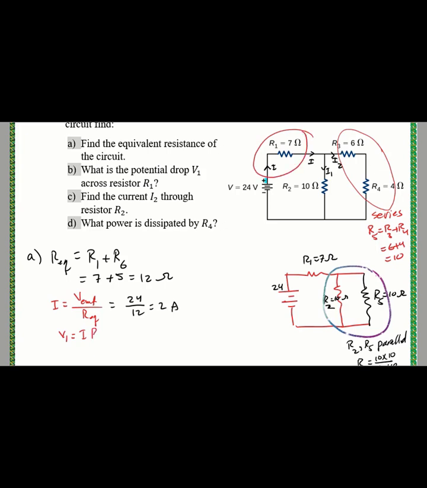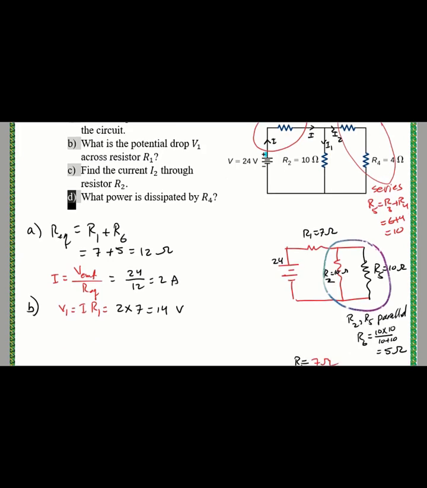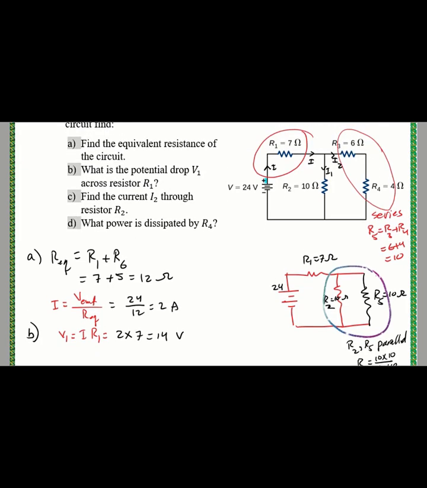I is 2, times R1 which is 7, so it is 14. Note that this is part B. Now how can I find the current I2? Put names here: A, B, C, D, E and F.